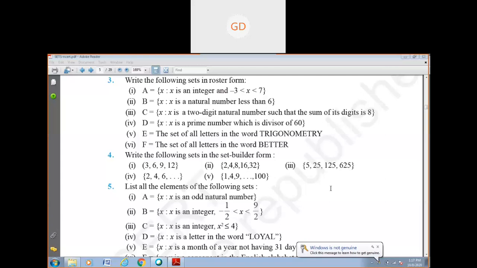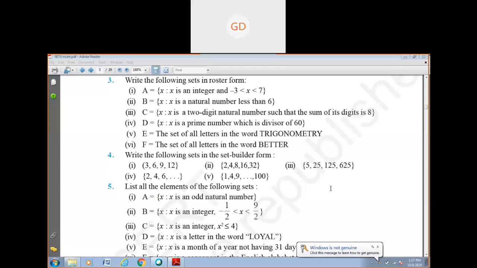So you can now write its set builder form. It would be x such that, after colon, you can write in words also, x is the first 4 multiples of 3. That's all.